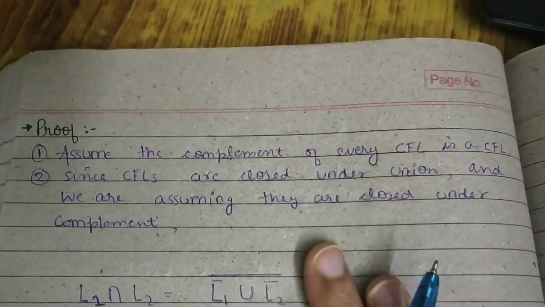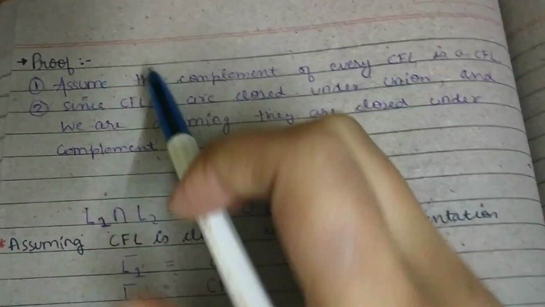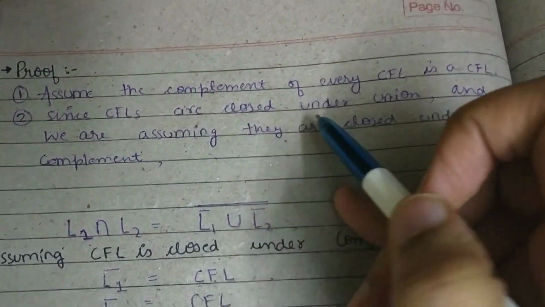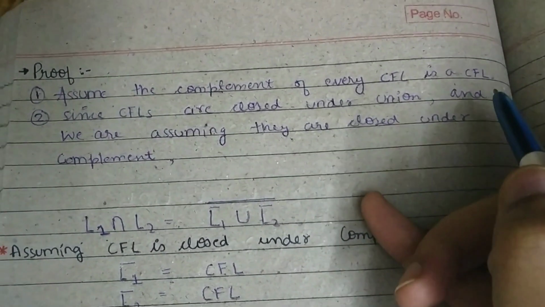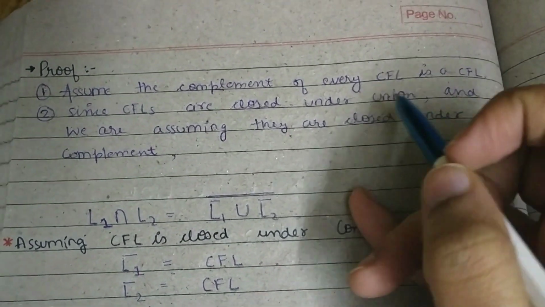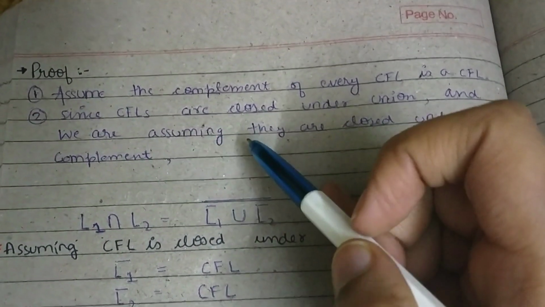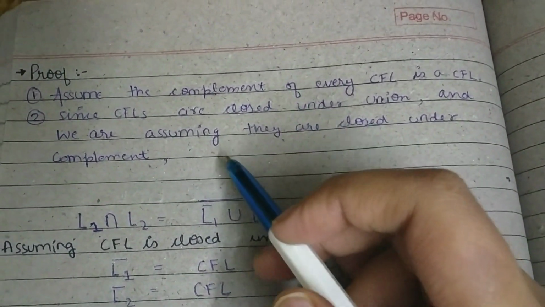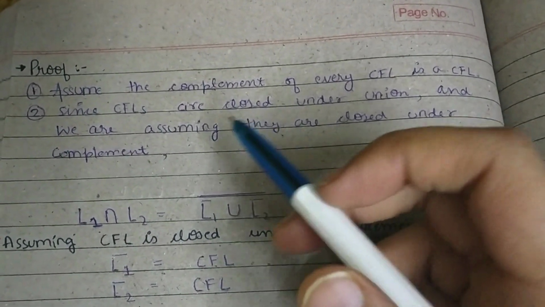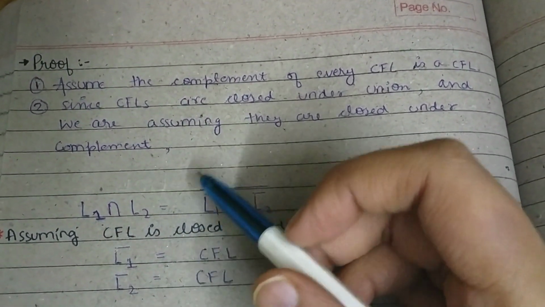So, let us do the proof. First, we are going to assume that the complement of every context-free language is a context-free language. We know that context-free languages are closed under union, and we assume that they are closed under complementation also.